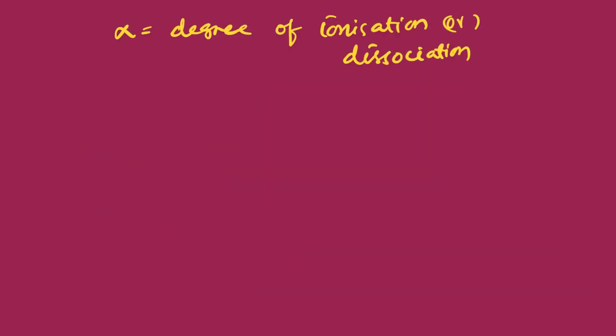Degree of ionization or dissociation. This will be calculated using the formula alpha is equal to lambda m by lambda naught m. How is this calculated? Alpha value is equal to 1 at lambda naught m, at infinite dilution, completely ionized.